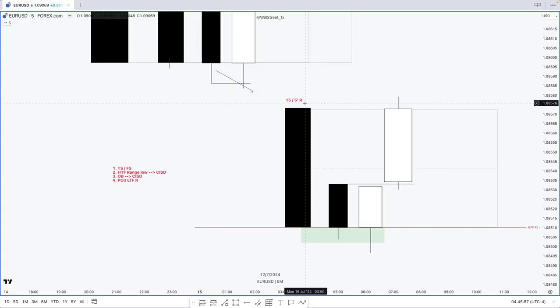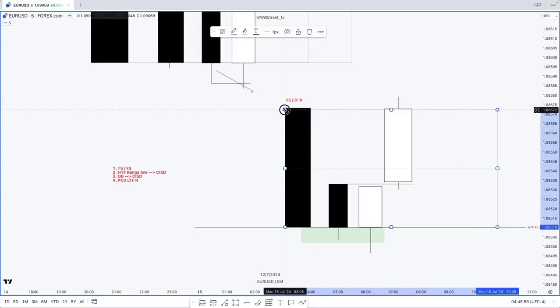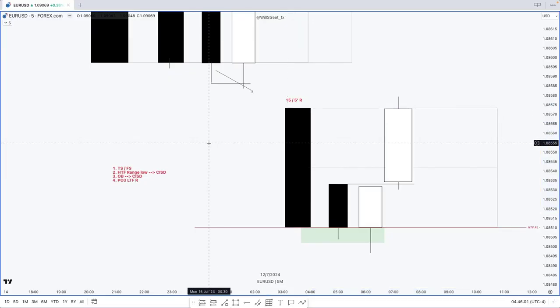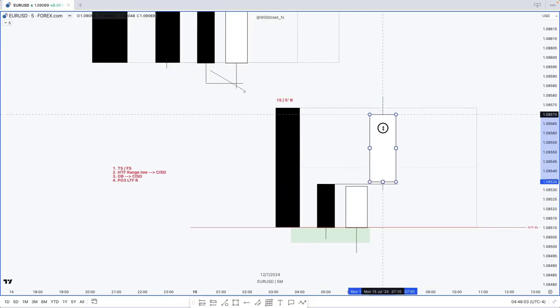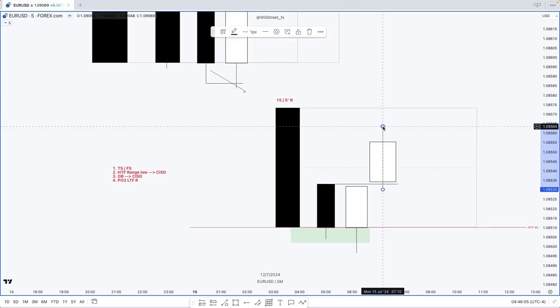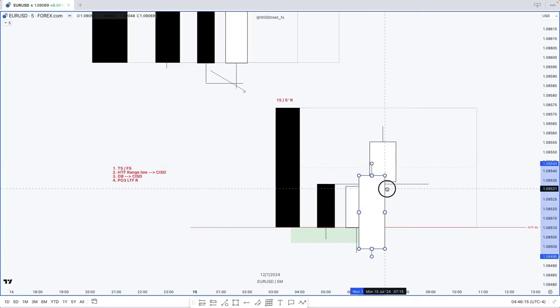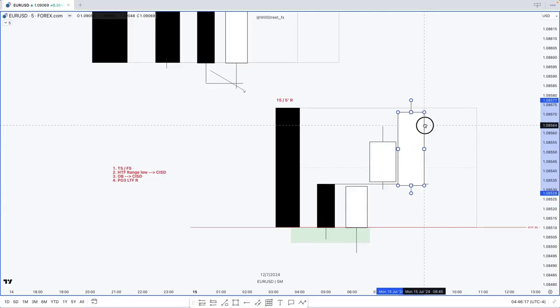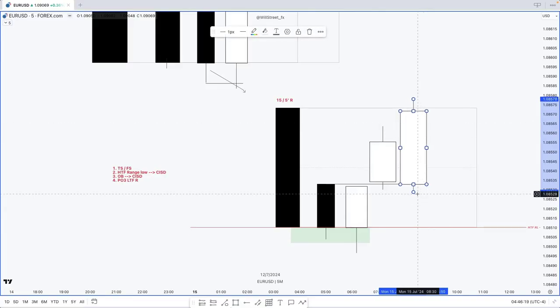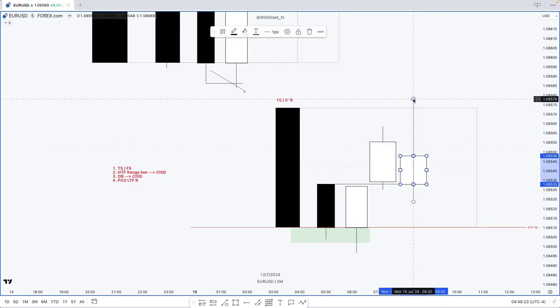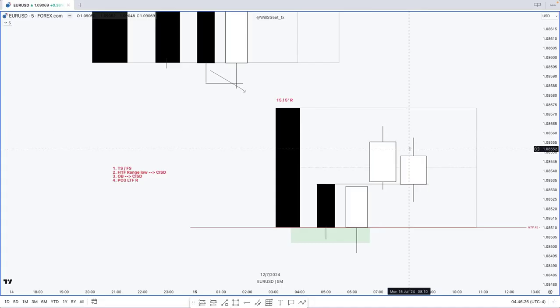The low time frame range is the 5 or 15 minute range. I'm just doing freestyle.